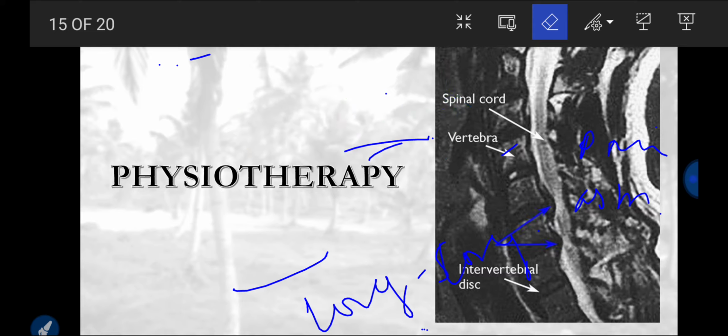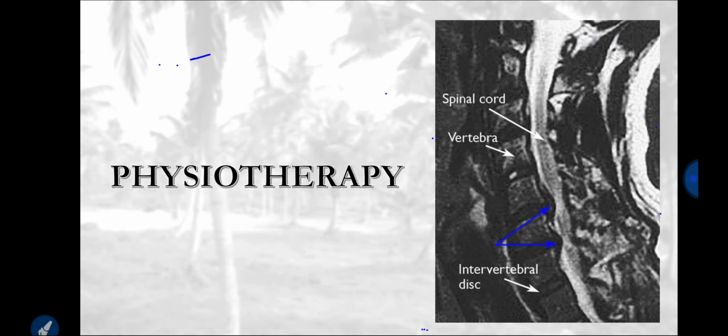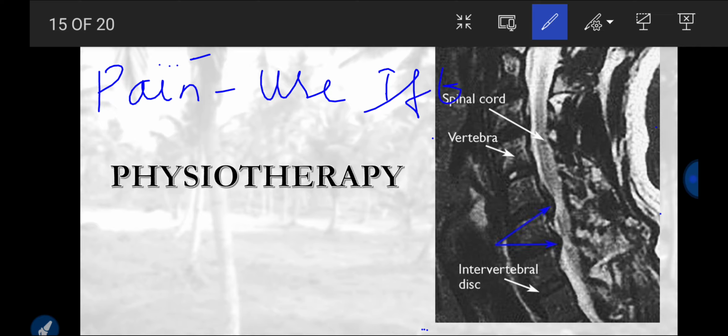First, for the pain, what are you using? I prefer, for pain, you can use IFT in a radiating pattern.